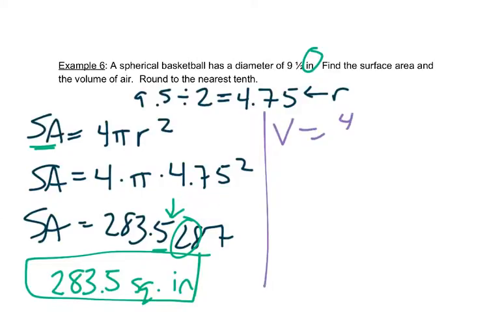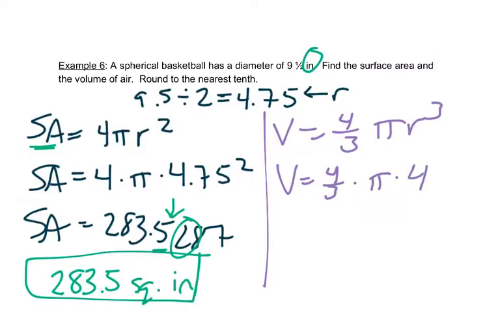The volume is 4/3 pi r cubed. So we have 4/3 times pi times 4.75 cubed. You can type that into your calculator all at once. You can do 4/3 if you have a fraction button, or you can just write in parentheses 4 divided by 3, times pi times 4.75 to the third power.